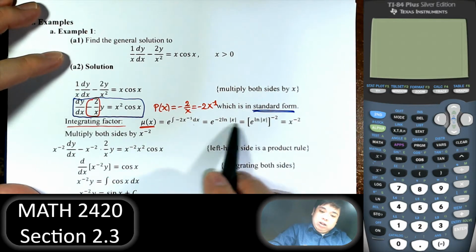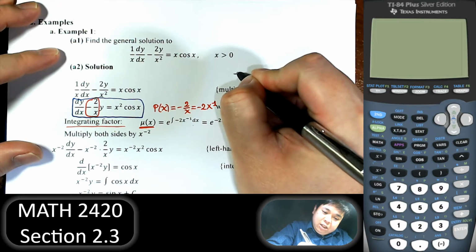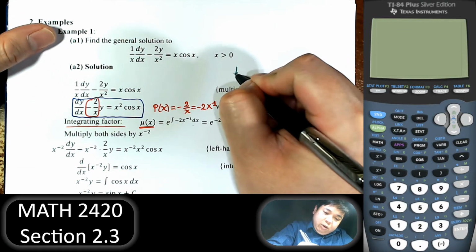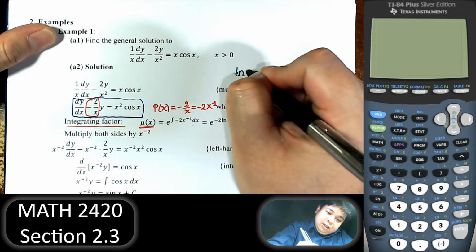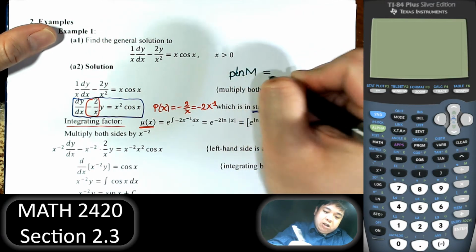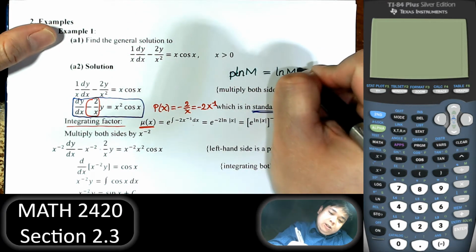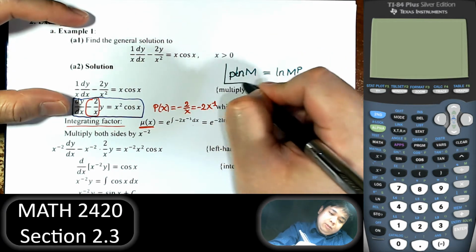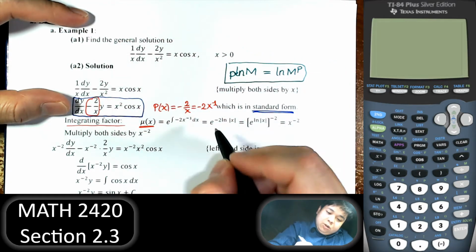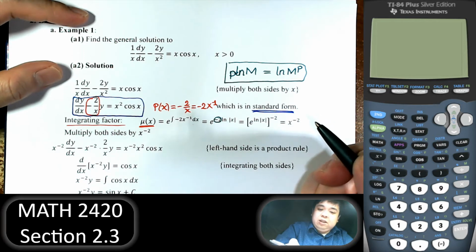So first of all, we have this property where we have ln of something with a constant in front. We can take that constant in front and move it inside as the power. So that's why the -2 here moves into the exponent of x here.